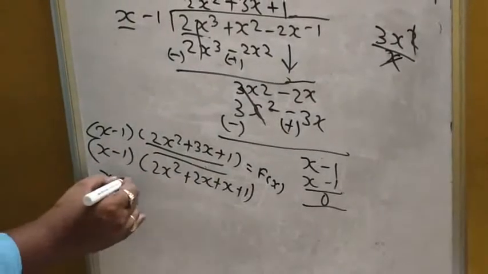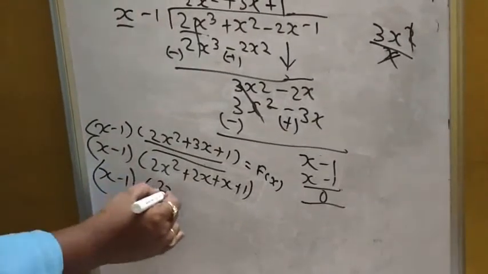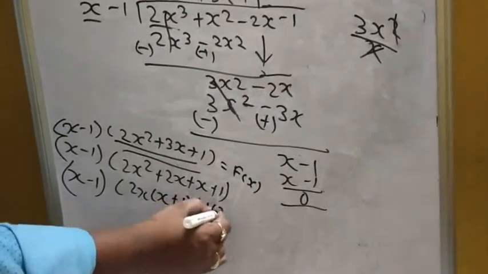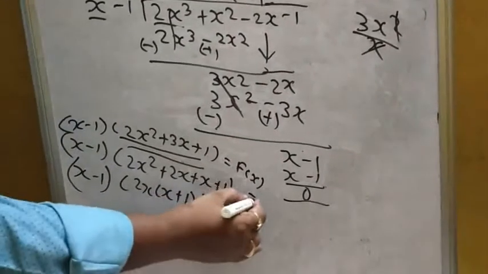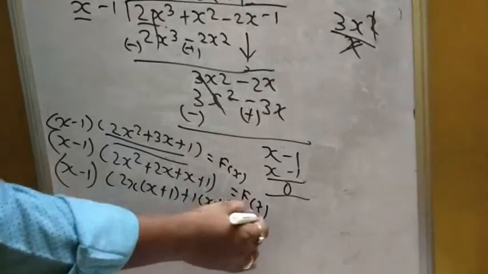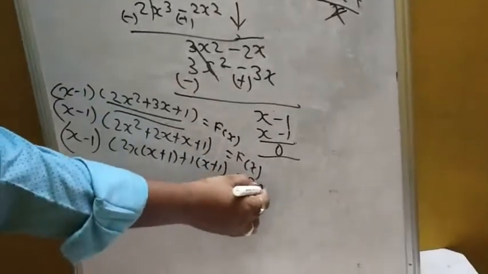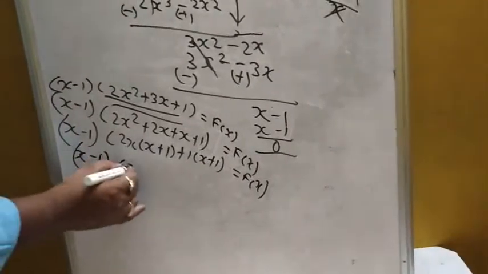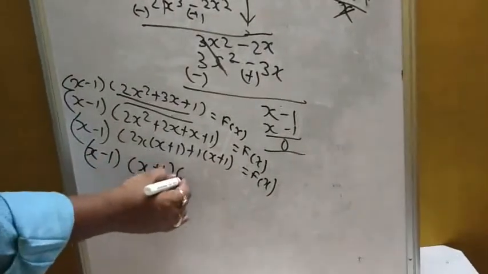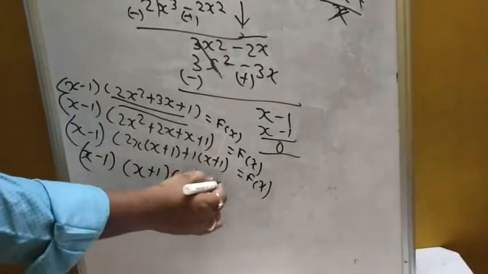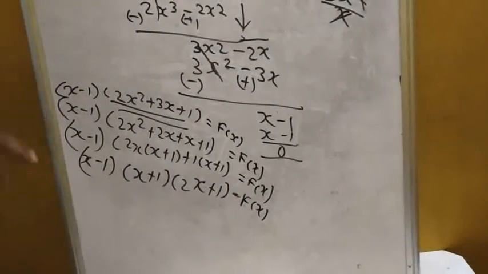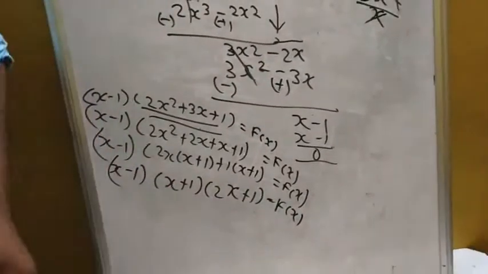So x minus 1, 2x bracket x plus 1 plus 1 bracket x plus 1 equal to f of x. Okay, so x minus 1 and another one is x plus 1 and another one is 2x plus 1. These are the three factors you are getting. Okay, what are the factors? x minus 1, x plus 1 and 2x plus 1.